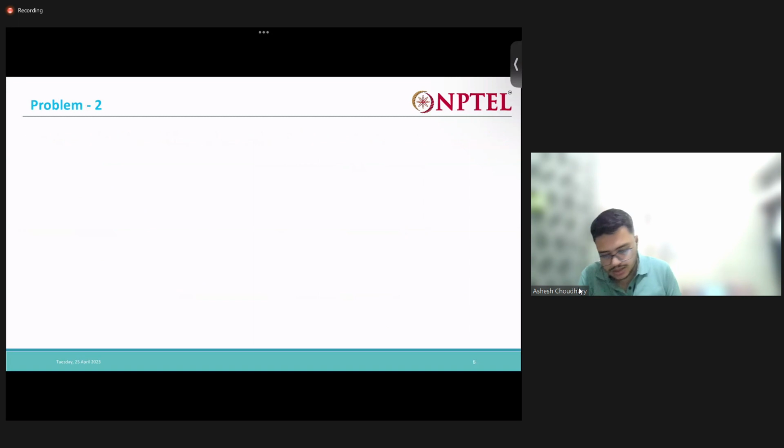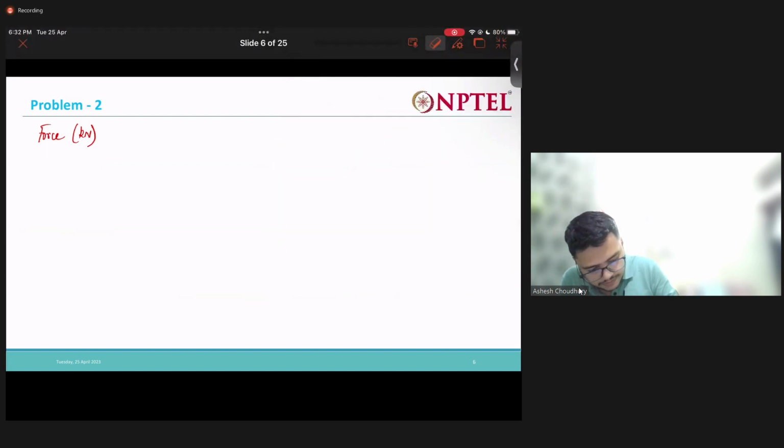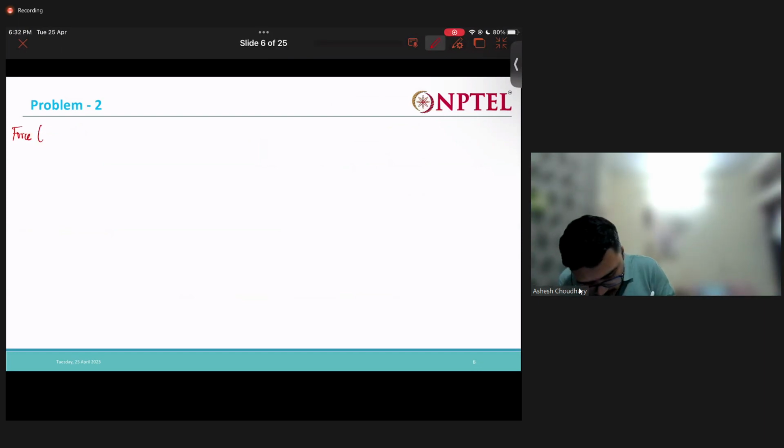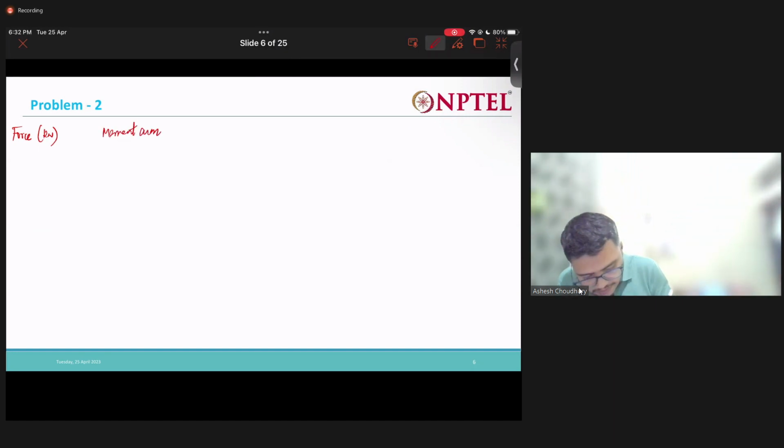So let us just write the table here. We write here force in kilonewton, moment arm in meter, and moment in kilonewton meter. First is our P1, 43.62. The moment arm is what?